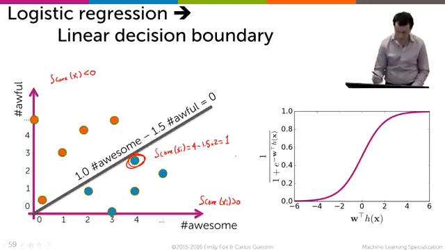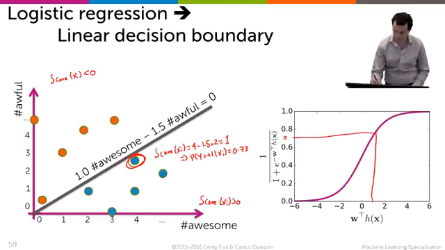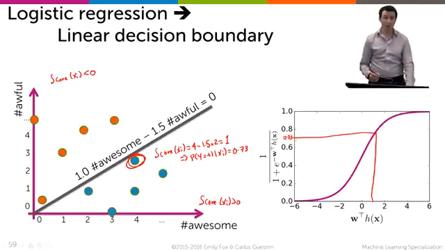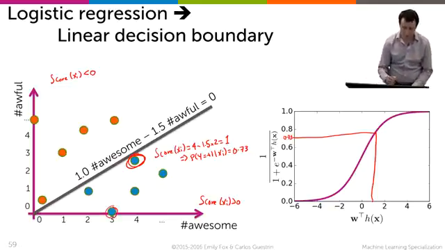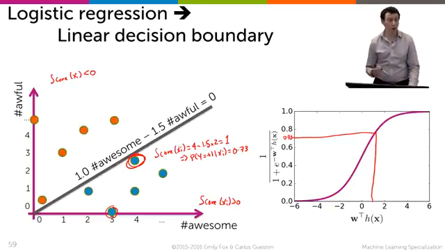And if you push that through the sigmoid, you realize that the probability that y is equal to plus 1, given this particular xi, is 0.73. And you can read that from the graph as well. If I go like this and push it to the right, I should get 0.73. Now, if you take another example that's further away from the boundary, like this one over here, where I feel more sure, more confident, the probability that y equals plus 1 should be higher.